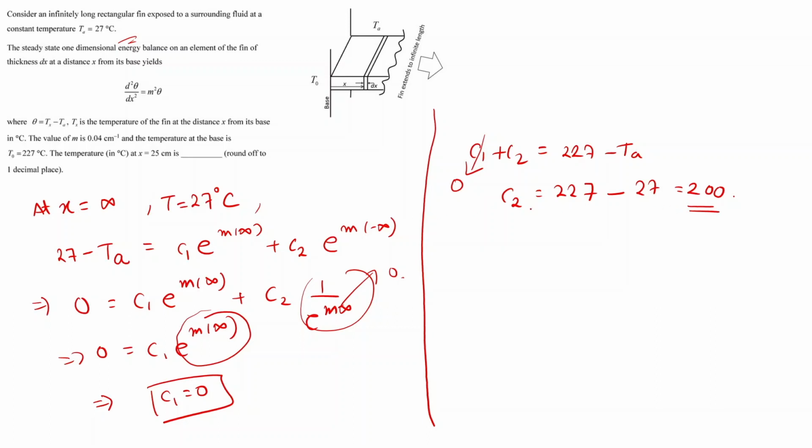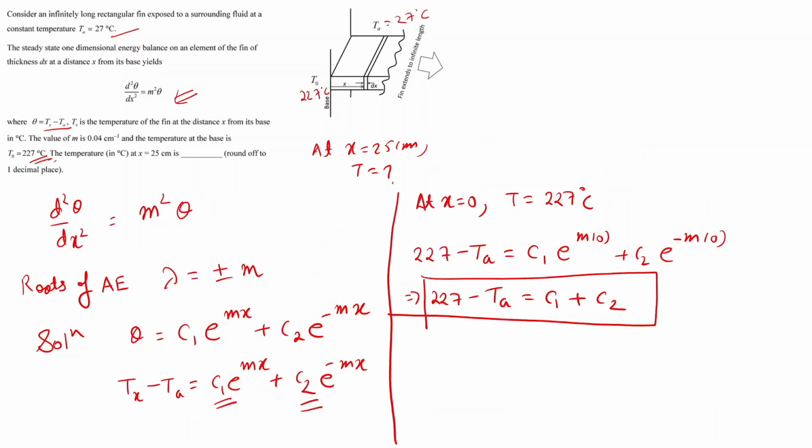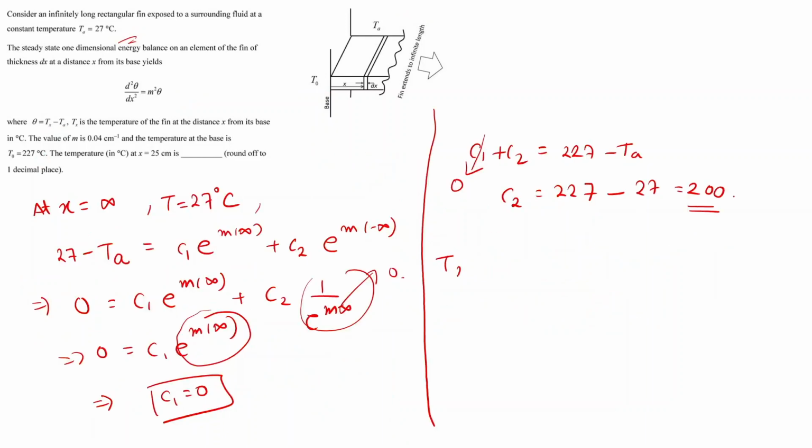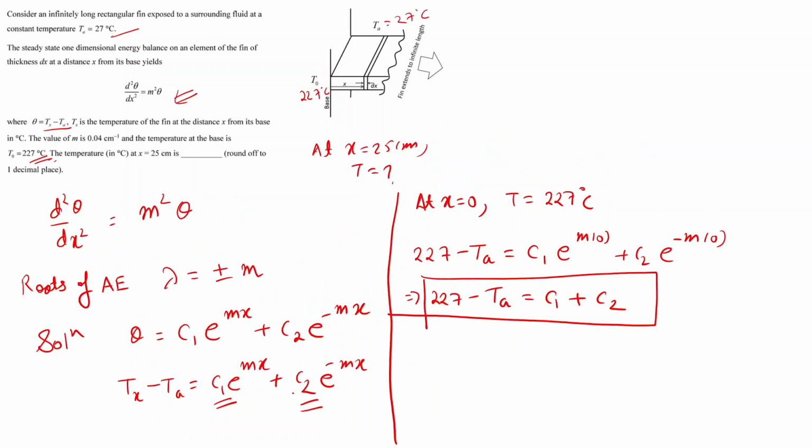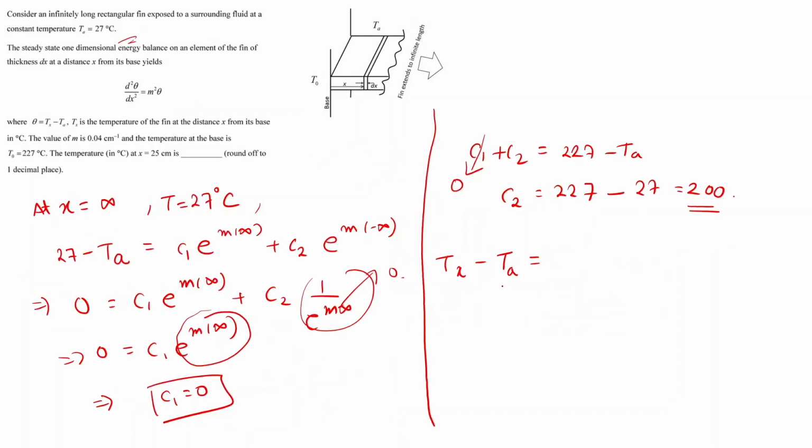Okay, so now we will put the values of C1 and C2 in our temperature difference equation. So this is Tx minus Ta is equal to C1, and C1 we found as 0, so 0 plus 200 into e raised to minus mx.